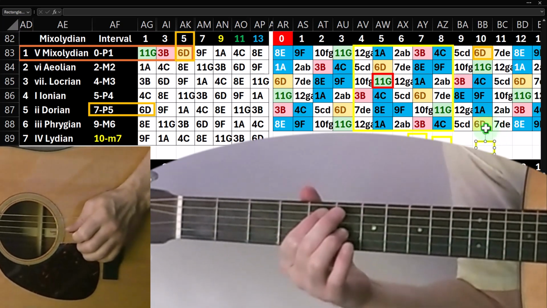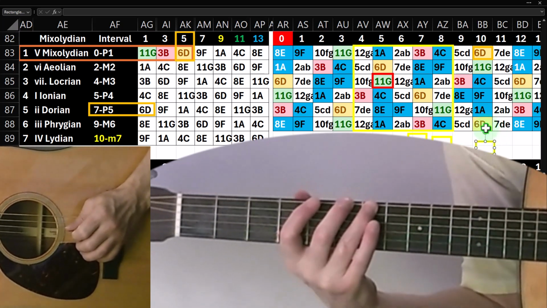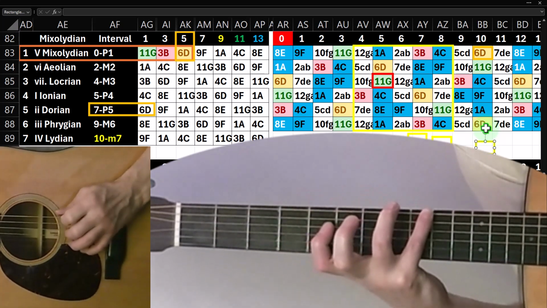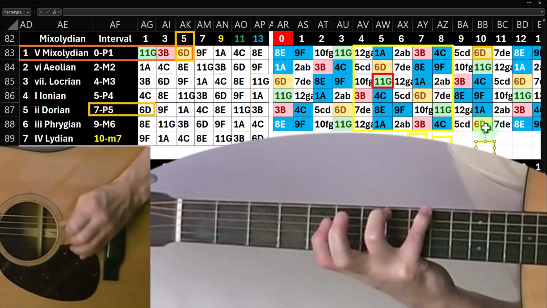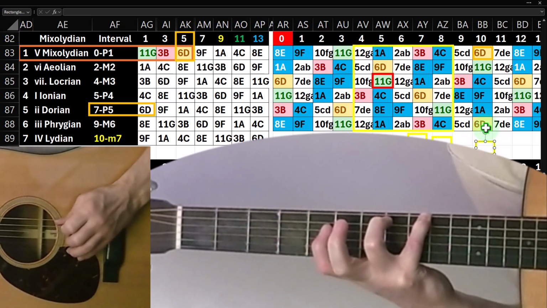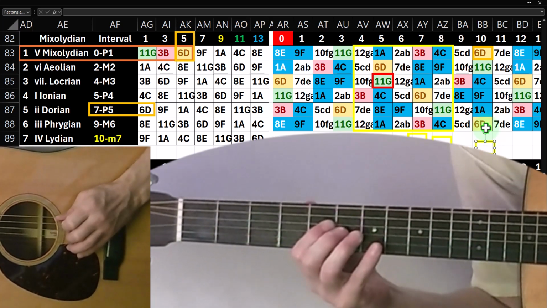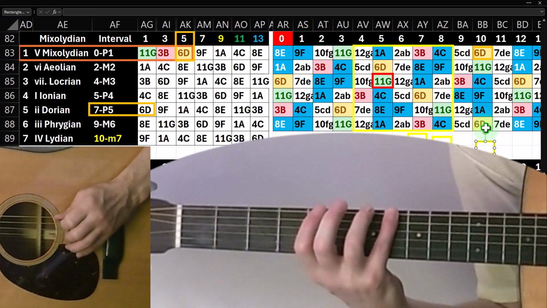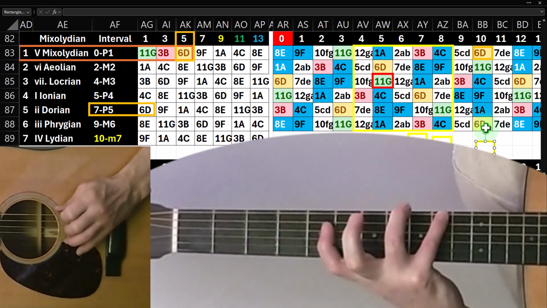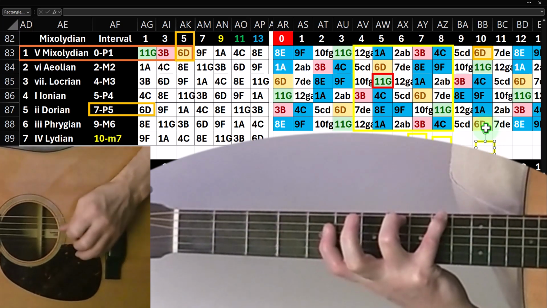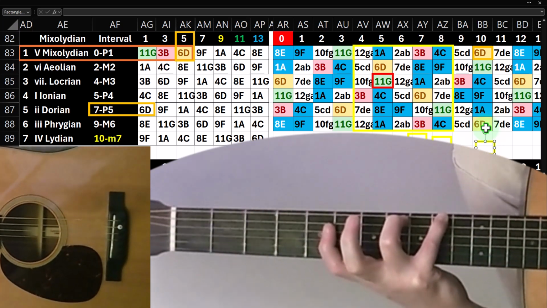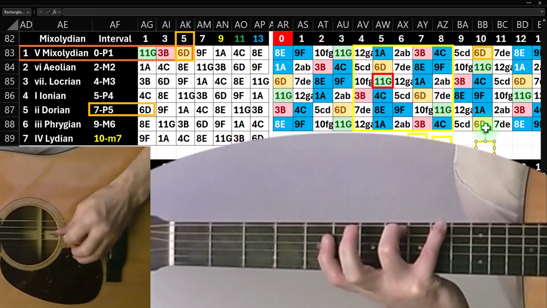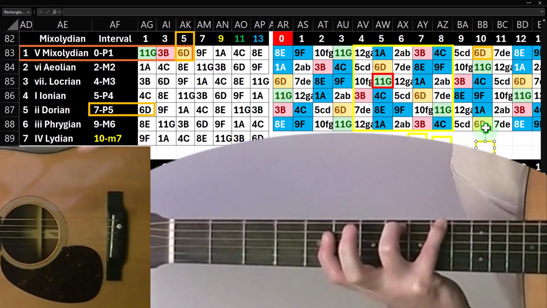Well, that's not right. It would be -5, -10, -9, -8, -7, -6, -5. There's the D. So top to bottom would be a 5 note away perfect fourth, and therefore bottom to top, a 7 note away perfect fifth.